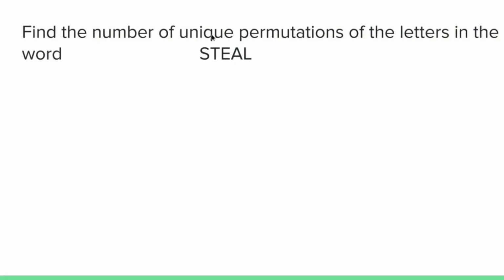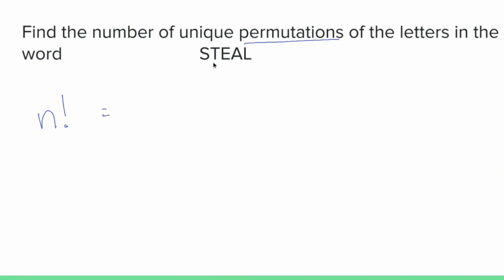Find the number of unique permutations of the letters in the word steel. Now, none of these letters are the same. So if you're going to organize, and order does matter for permutations, you're just going to take the total amount of objects that you have and take the factorial of it.